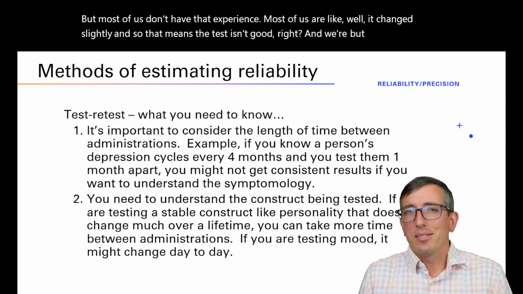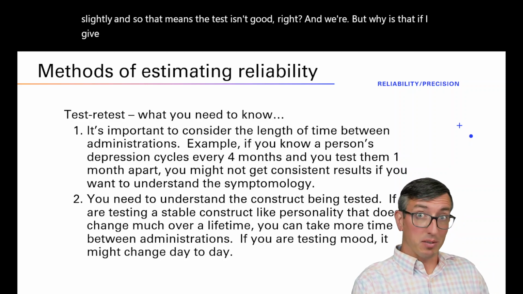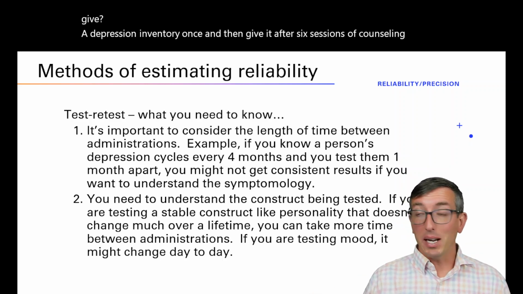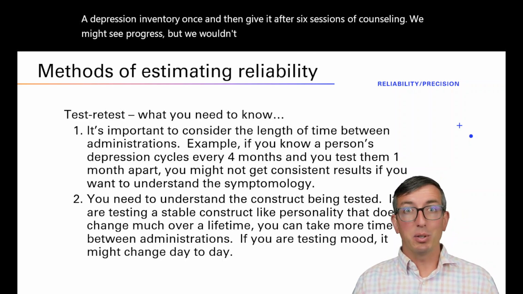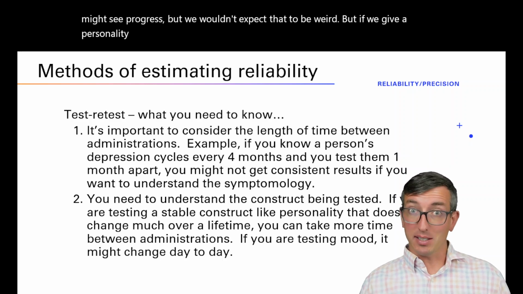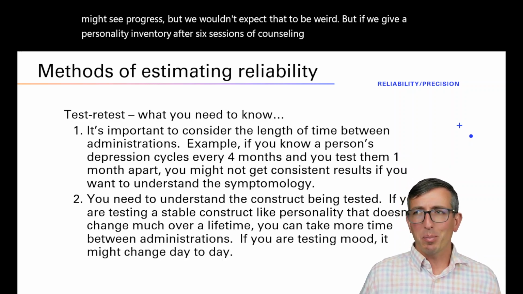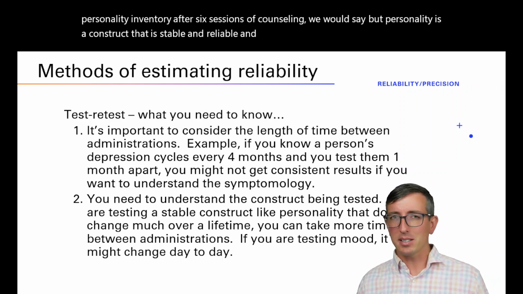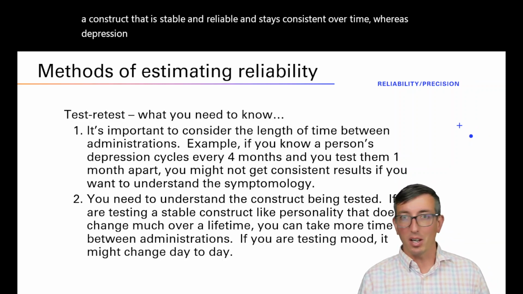But why is that? If I give a depression inventory once and then give it after 6 sessions of counseling, we might see progress, but we wouldn't expect that to be weird. But if we give a personality inventory after 6 sessions of counseling, we would say, but personality is a construct that is stable and reliable and stays consistent over time, whereas depression can come and go.